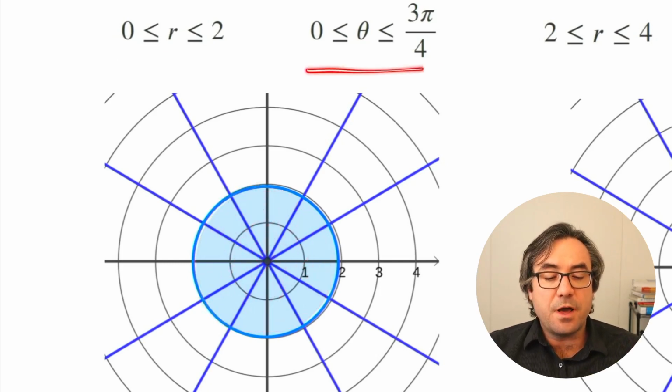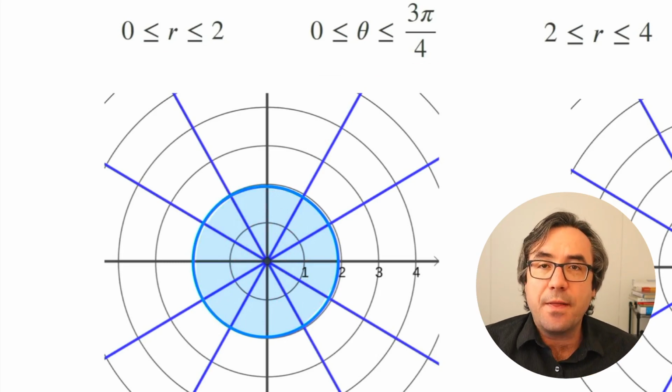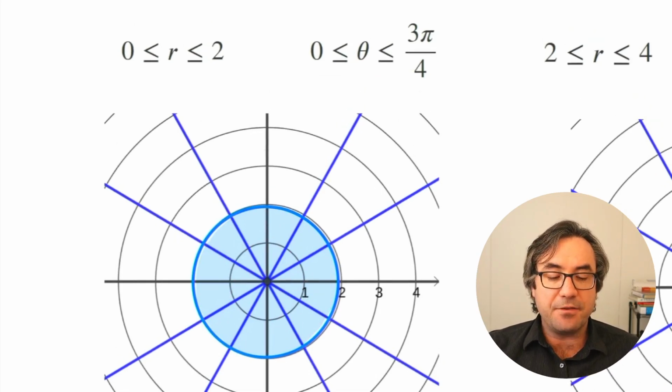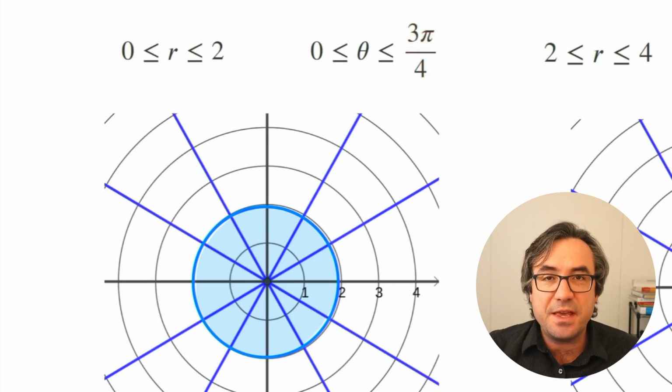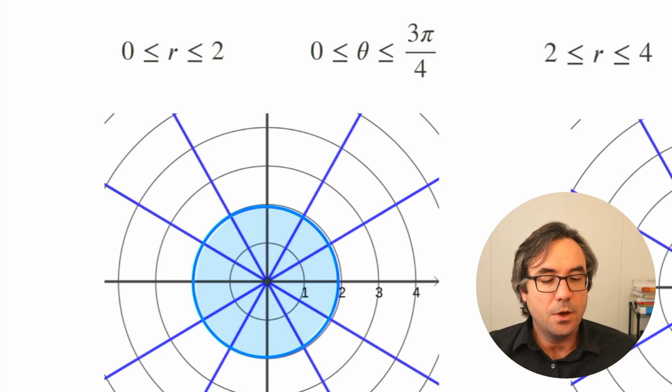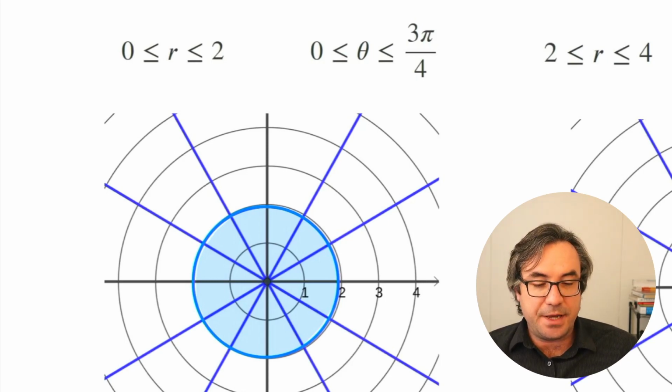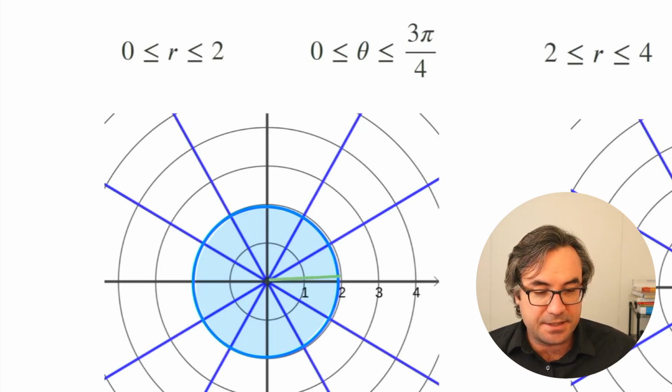Well, we have another inequality, though. We only want the points that have a polar representation where their theta value is between 0 and 3 pi over 4. So again, we want to start with the endpoints of this inequality. Theta equal to 0, what does that give us? Theta equal to 0 is going to be the positive x-axis.